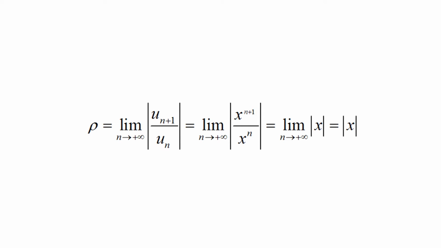Hence, the power series converges absolutely if rho equal to the absolute value of x is strictly less than 1 and diverges if rho equal to the absolute value of x is greater than 1.